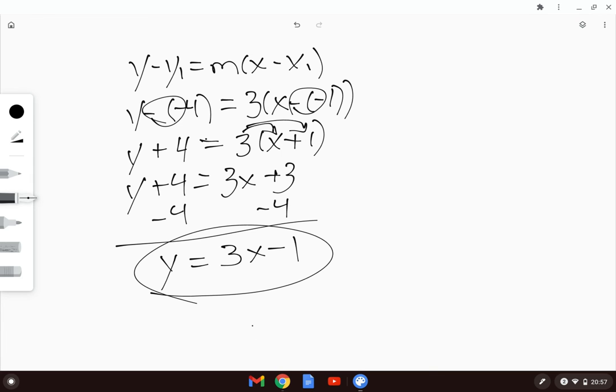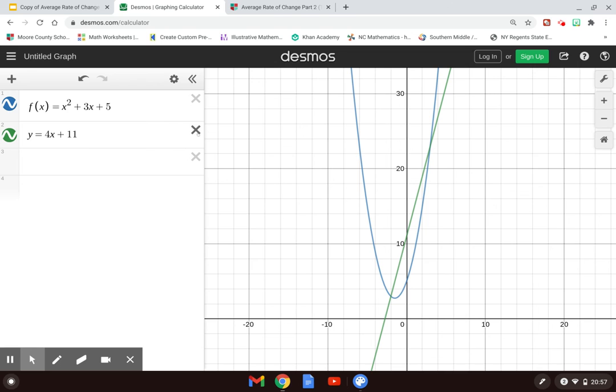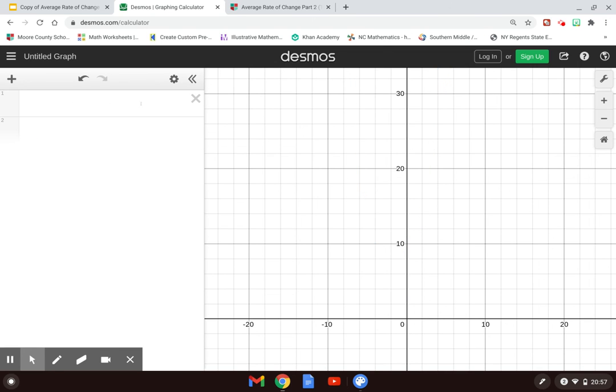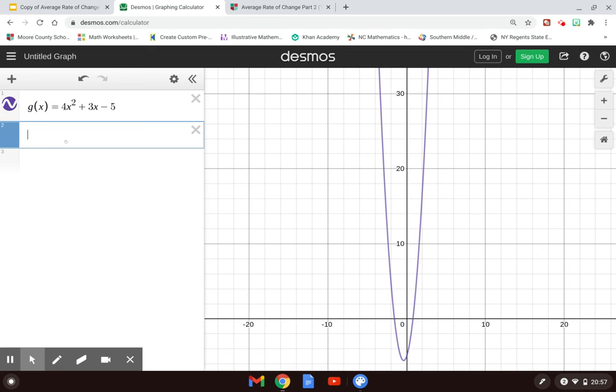So now I will take that equation and my function, and I will come over here to Desmos. All right, so there's my function.